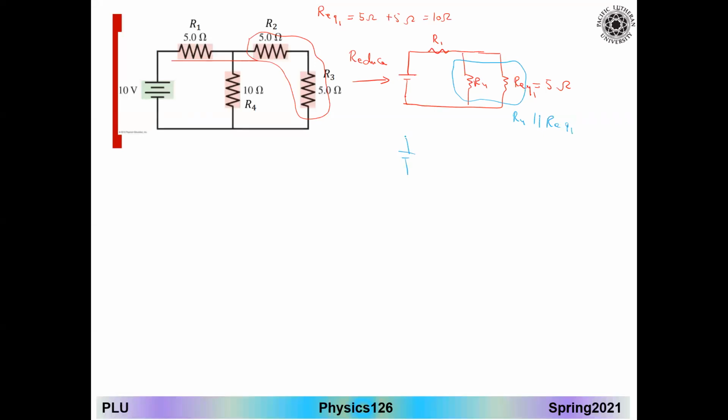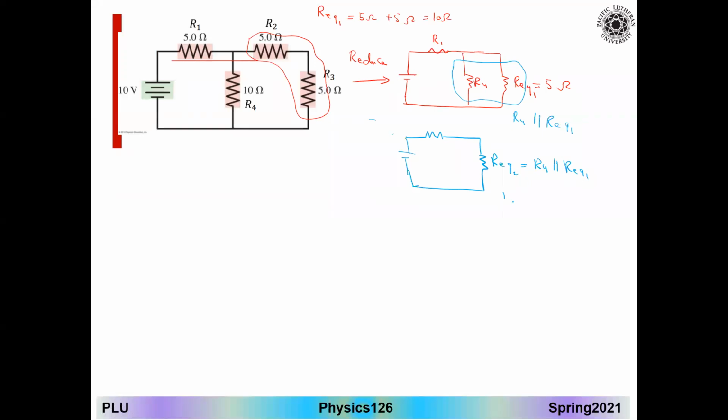Here is my source. Here is the R1. And here is what we call this time R equivalent 2. Where is the R equivalent 2? It's basically R4 parallel with my R equivalent 1.